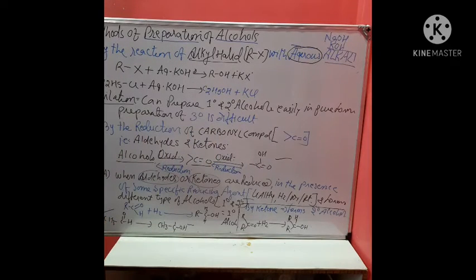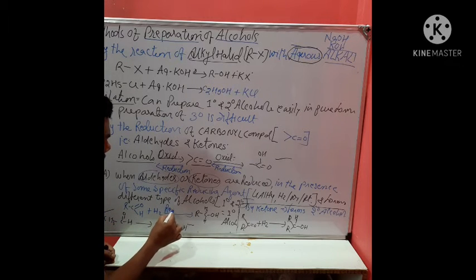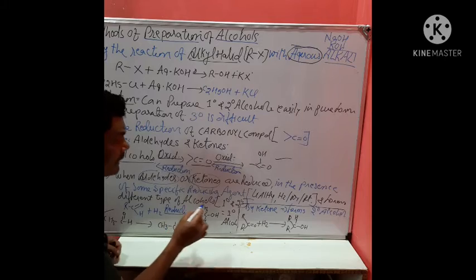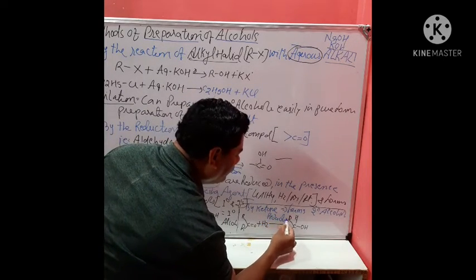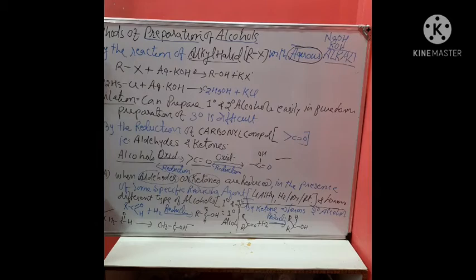So this is the difference between aldehydes and ketones. In this way we can distinguish aldehydes from ketones: the aldehyde on reduction gives primary alcohol, while the ketone on reduction gives secondary alcohol.